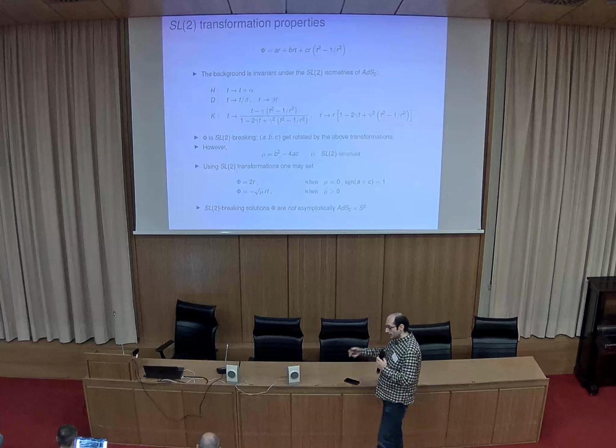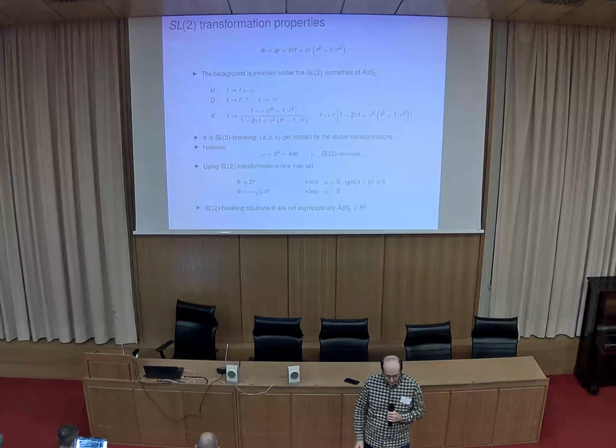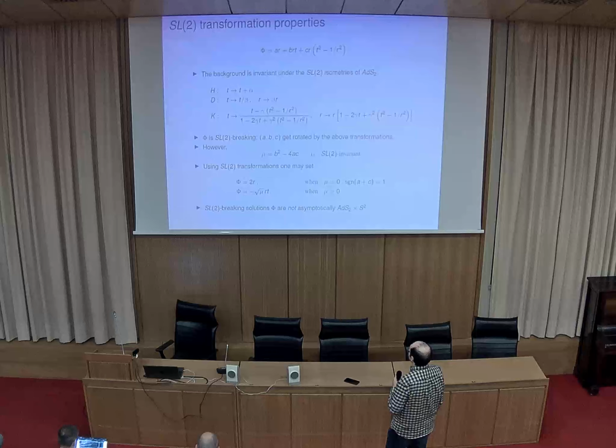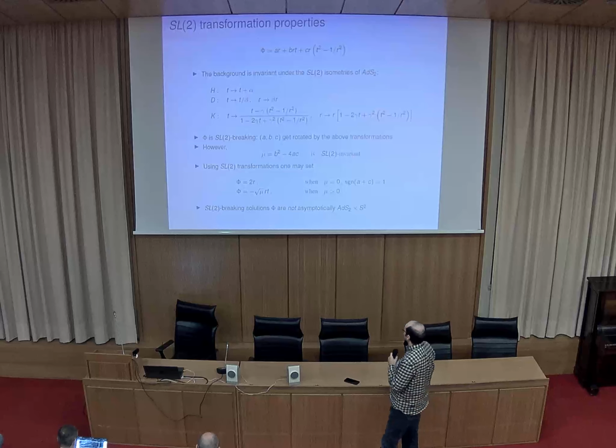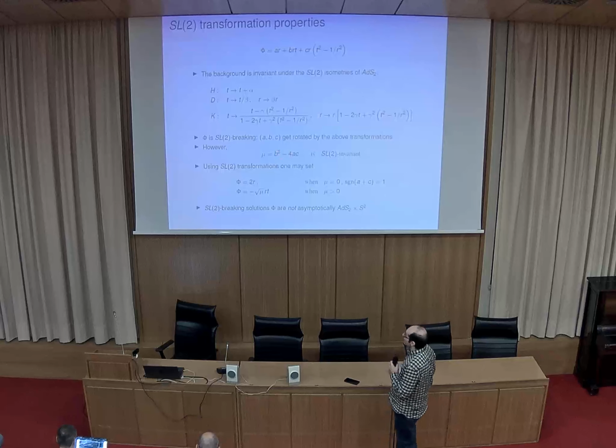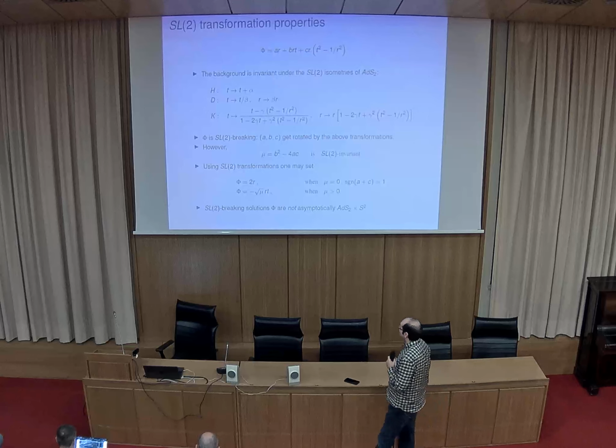So if you apply SL2 transformations, isometries of your background, you can rotate your ABC solutions around. And let's make a choice. Let's say that when mu is equal to 0, you're going to rotate away B and C and set the canonical solution to be A times R, let's say 2R here. And if mu is positive, let's say you're going to make the choice to rotate away A and C such that phi now is square root of mu times RT.